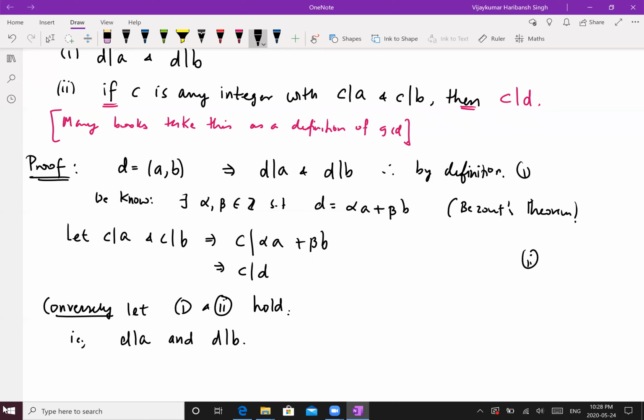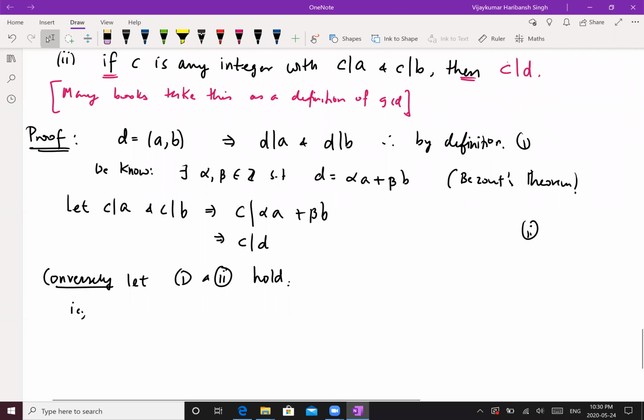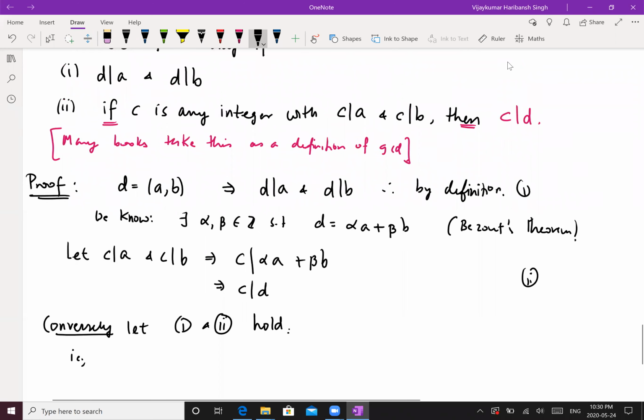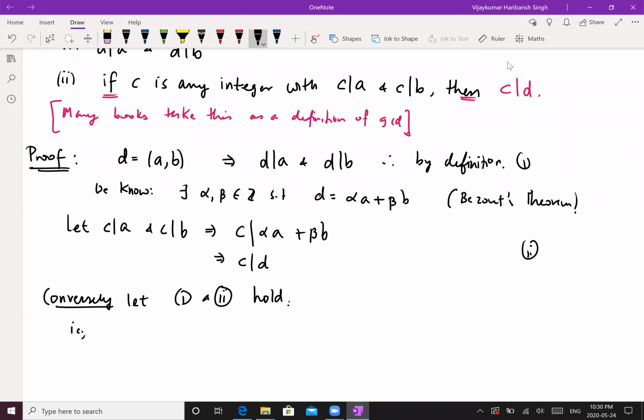So how do we prove this? From part 1, we can see that D divides A and D divides B. So all we need to show is that D is the greatest of all common divisors.